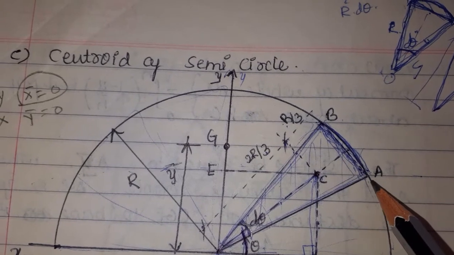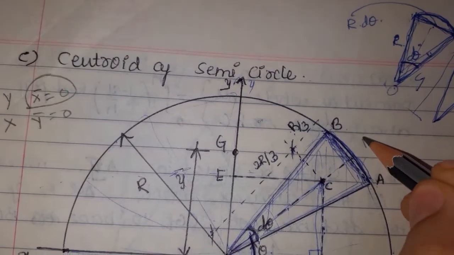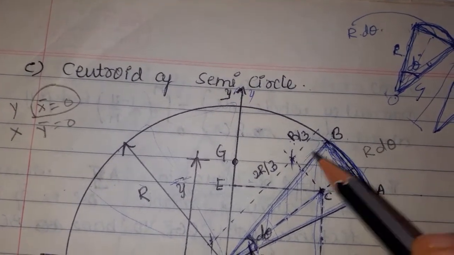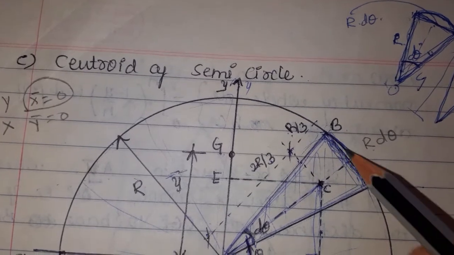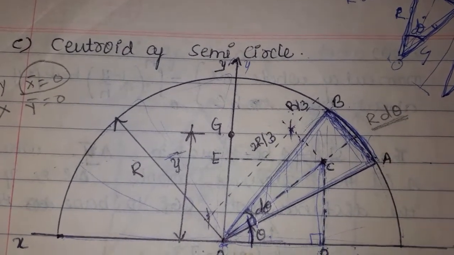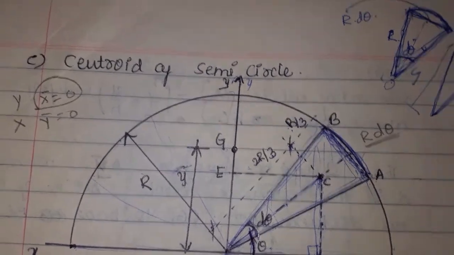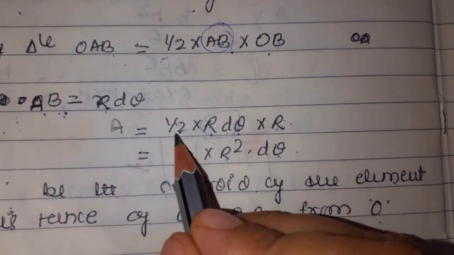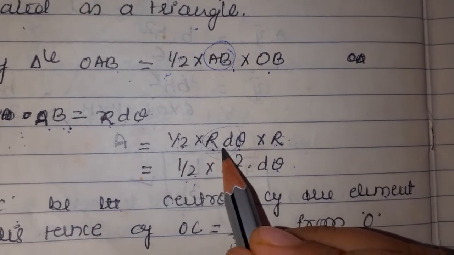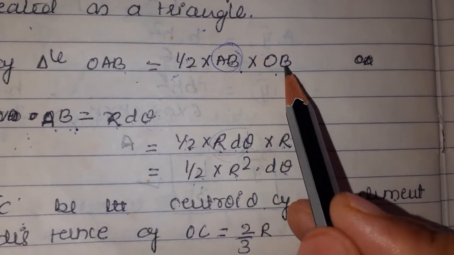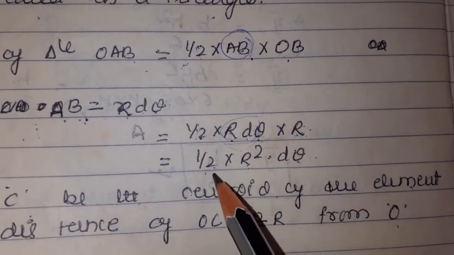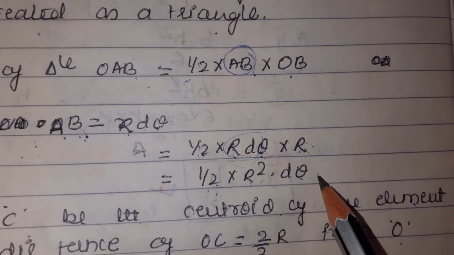But this AB will be equal to R into d theta, since it is having a radius R. So therefore area of the elemental segment is equal to half into AB into OB, so half into R into d theta into R, half into R square into d theta.